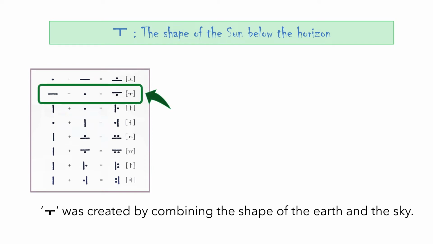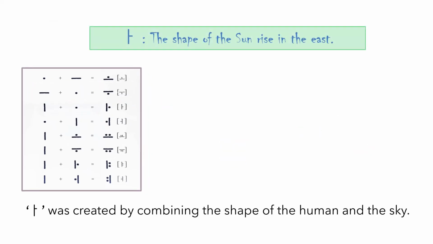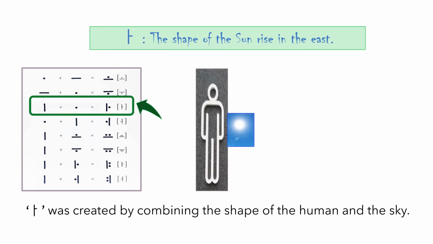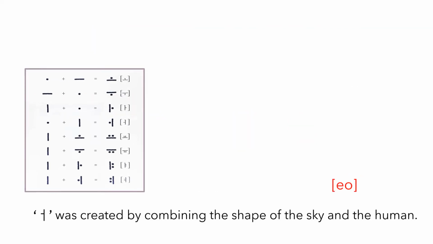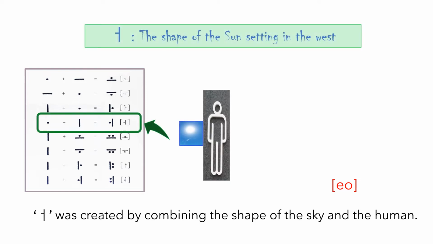U was created by combining the shape of the earth and the sky. A was created by combining the shape of the human and the sky. O was created by combining the shape of the sky and the human.